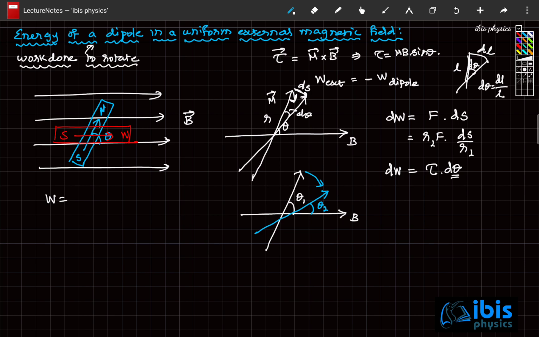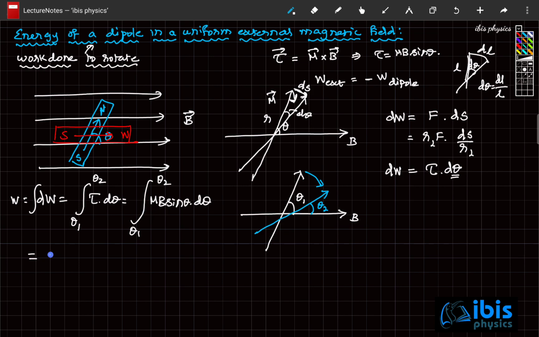The work done to rotate it is the integral from theta 1 to theta 2 of tau d theta, because the total work done is the integral of all the small work done, which is mB sin theta d theta, from theta 1 to theta 2.